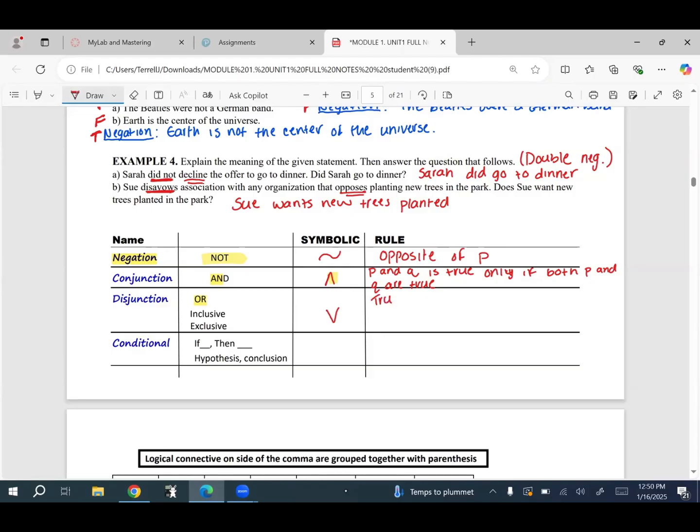This is true if either P or Q is true. And it is false if P and Q are false.